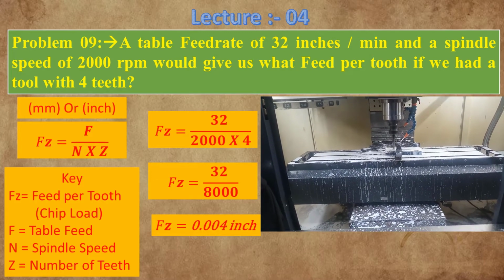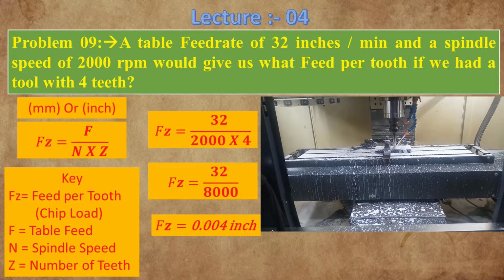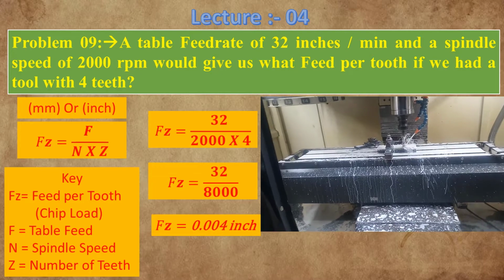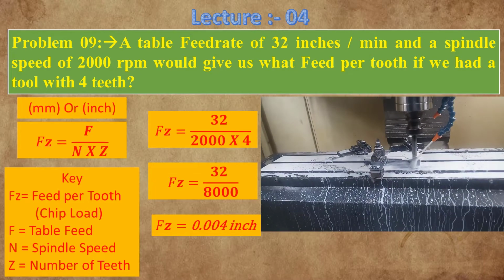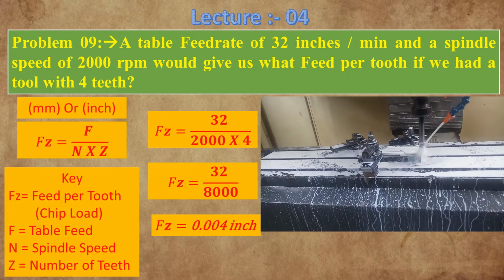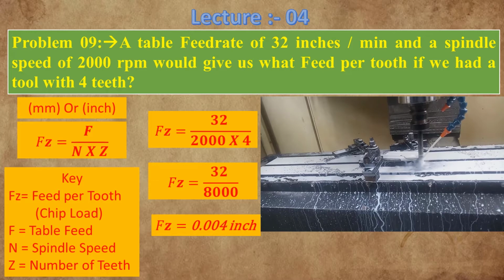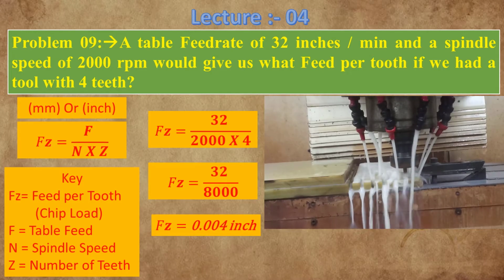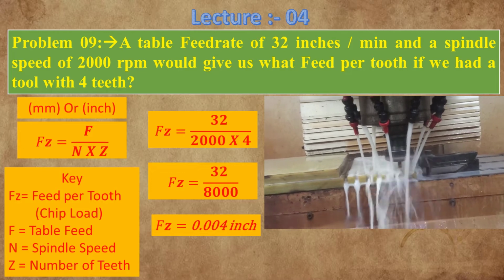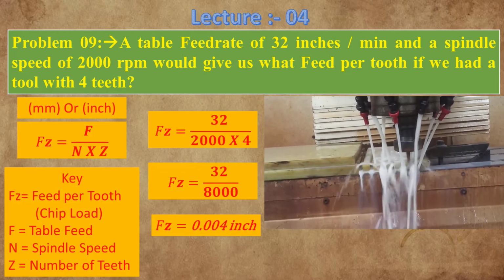So that is how we calculate feed per tooth. Now normally we are given the feed per tooth information on the tooling information. When we speak to our tooling suppliers, they would supply the recommended feed per tooth for all the edges sold to us. But if we know our table feed and we wish to work out our feed per tooth, this is the equation we use. We are basically transposing our table feed equation to make feed per tooth the subject.